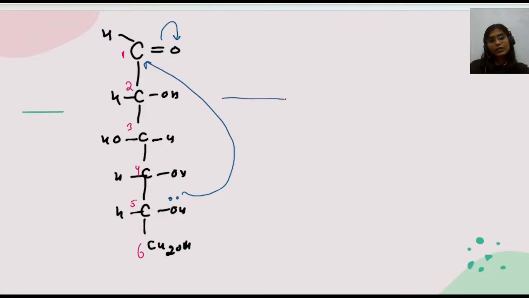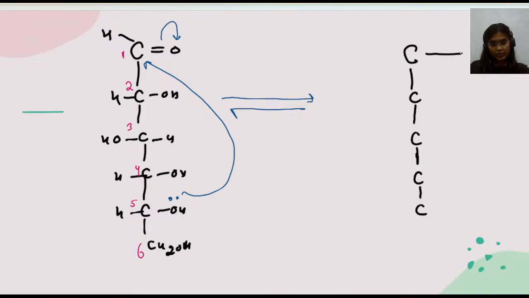And really, how does the structure look? It's an equilibrium reaction. You can see carbon number one. Just for understanding purposes, I am simply omitting all the OH right now. This carbon and the first carbon form a bond with one another, and this bond opens.